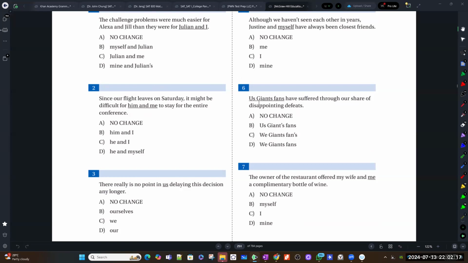Us Giants fans have suffered through our share of disappointing defeats. Us Giants, apostrophe s fans, possession, Giants fans.